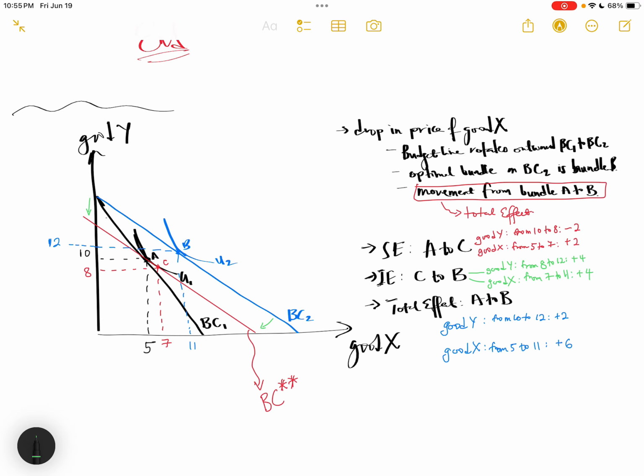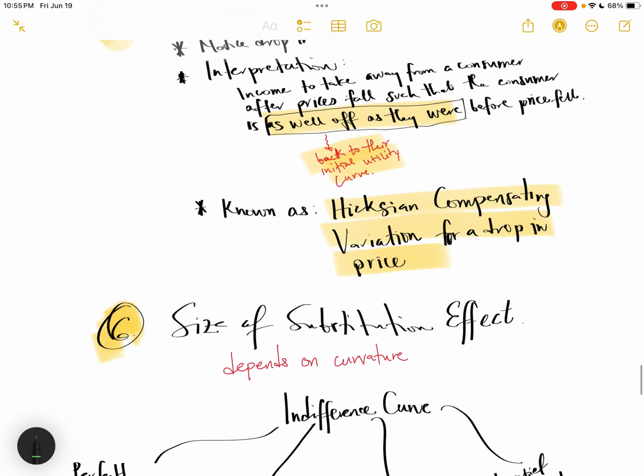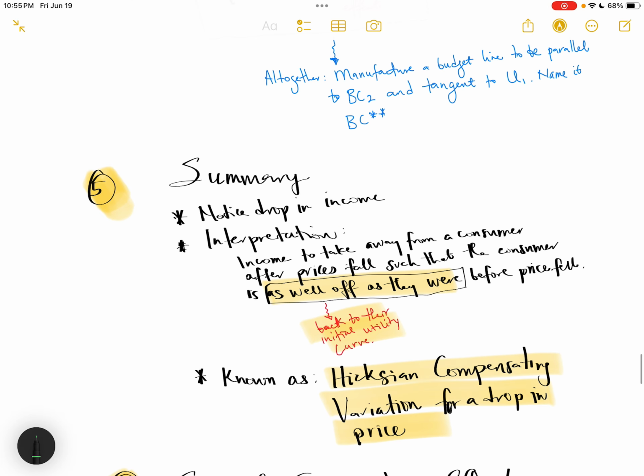Well, what has this got to do with anything? How do we interpret that, right? What has this got to do with anything? A drop in income.